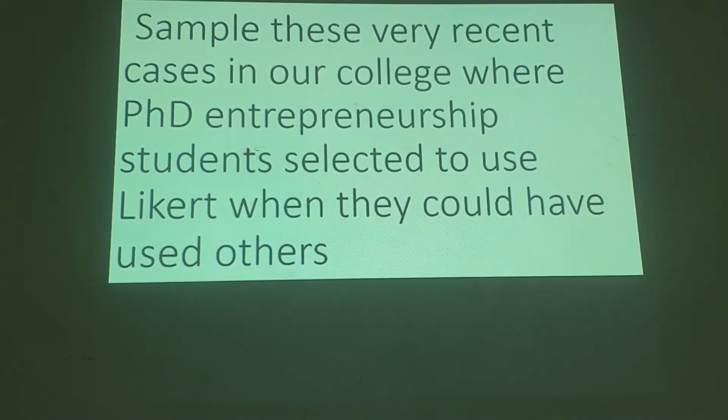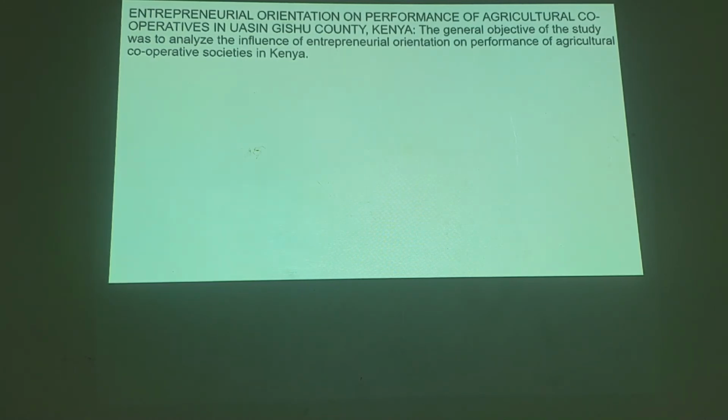Now, sample these very recent cases in our college where PhD entrepreneurship students selected to use Likert when they could have used others. This one: Entrepreneurial Orientation on Performance of Agricultural Cooperatives in Uasin Gishu County, Kenya.